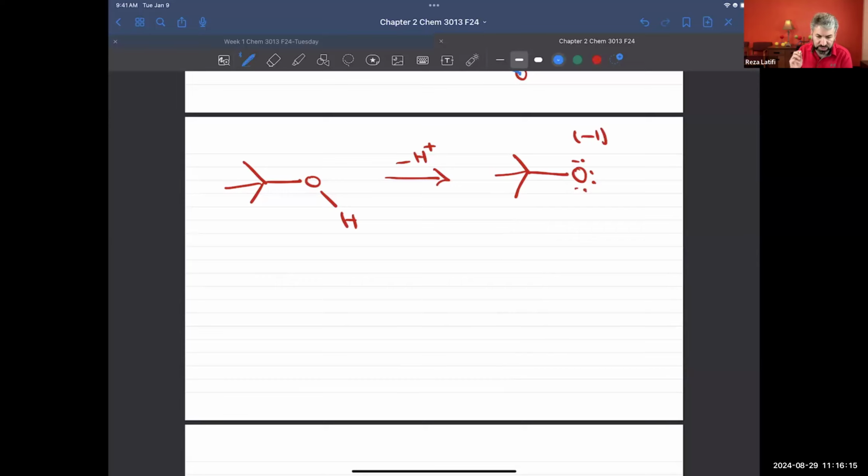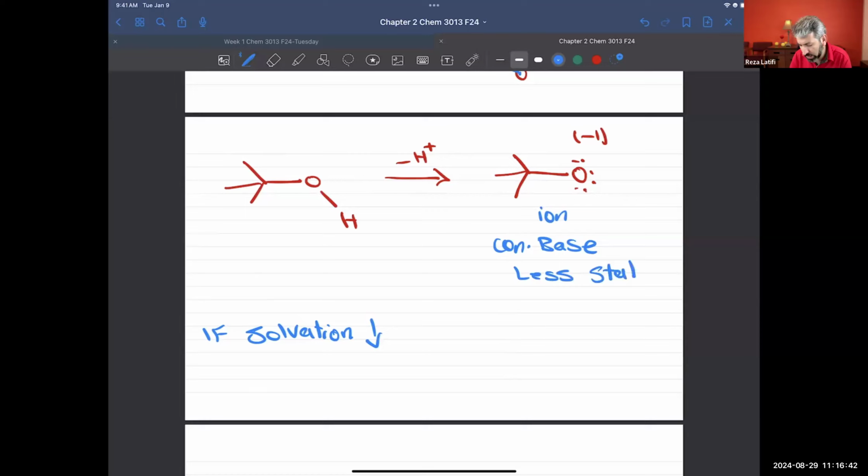We said if solvation, or surrounding the ion, happens to be less effective, so if the solvation goes down, then our conjugate base will be less stable.